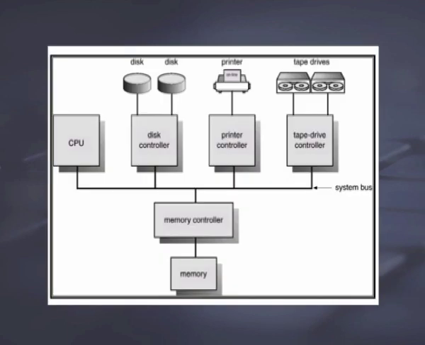Operating system implements resource abstraction by providing abstract interfaces with various resources as shown in figure. A separate device driver or controller is attached to disk, tape drive, memory, printer, etc. All these are resources to provide resource abstraction.